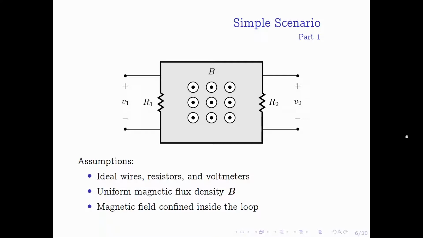Of course, in this scenario, we have to make assumptions like assuming ideal wires, resistors, and voltmeters. Also, we will assume that the magnetic flux density only exists inside the loop, no magnetic flux outside the loop. Of course, this magnetic flux is uniform everywhere across the loop.